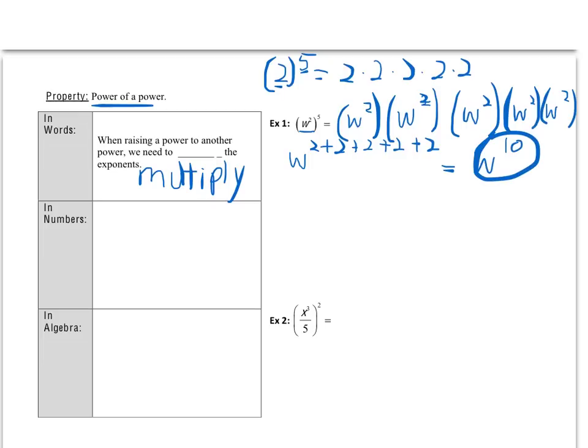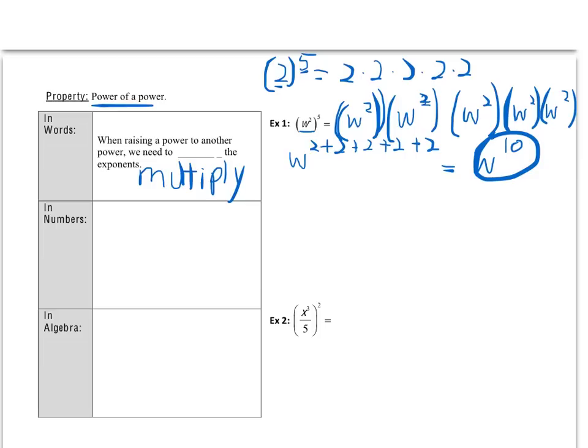Now, there is a better way of doing it, and that is this. We can apply this power of a power rule. All this rule is, you guys, is a smart cut. Instead of having to write this out every single time where you multiply that base times itself and then add the exponents, the smart cut is, if we look at this, how do we get to 10?